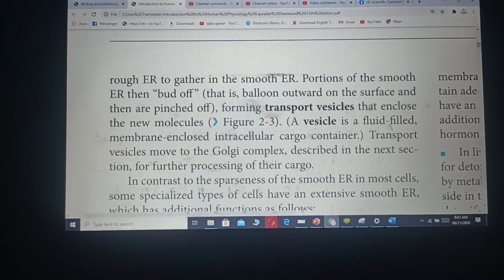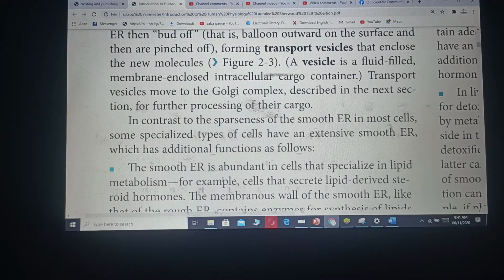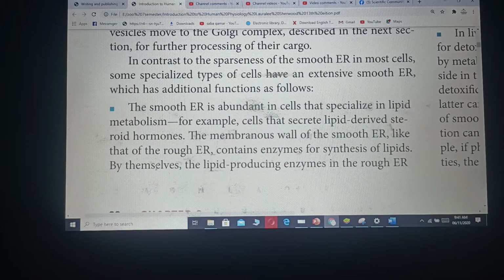We will discuss it in another video tutorial. There is another function of the smooth endoplasmic reticulum, that it is abundant in cells specialized in lipid metabolism. So how does the smooth endoplasmic reticulum play an important role in lipid synthesis?